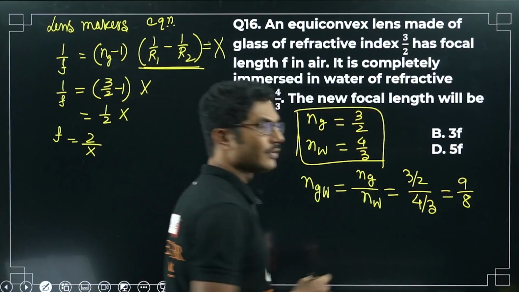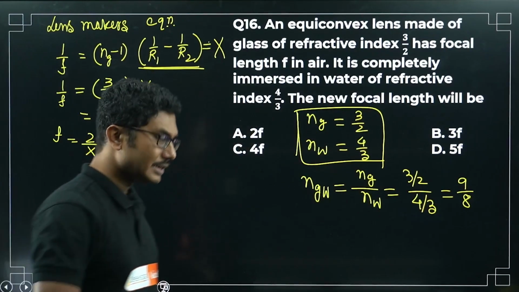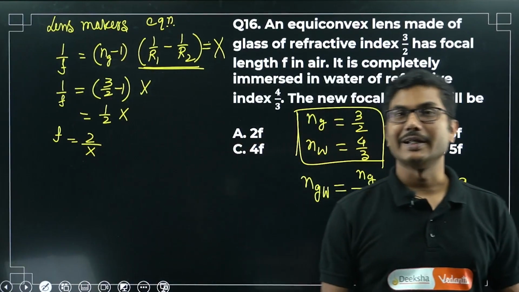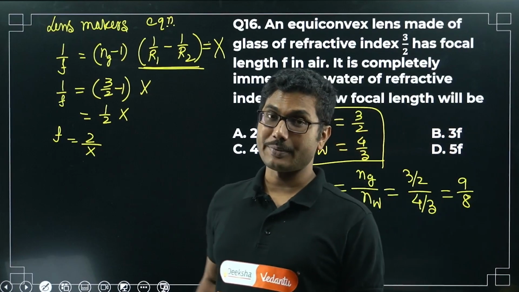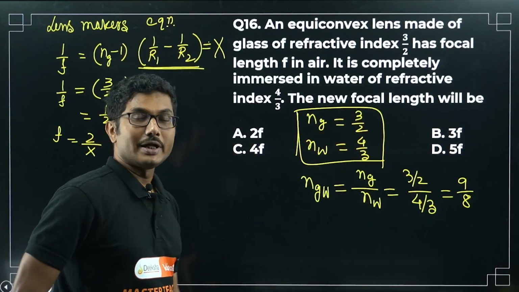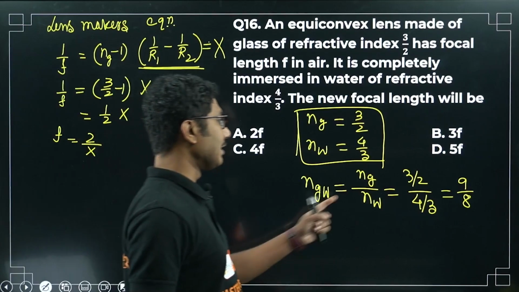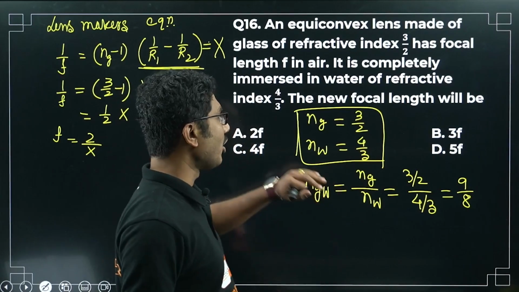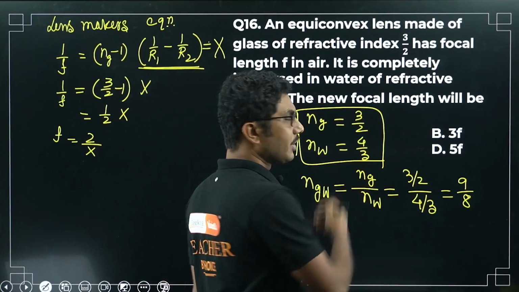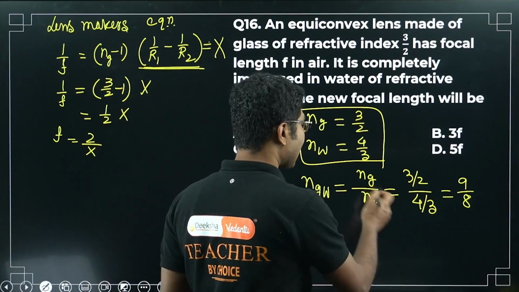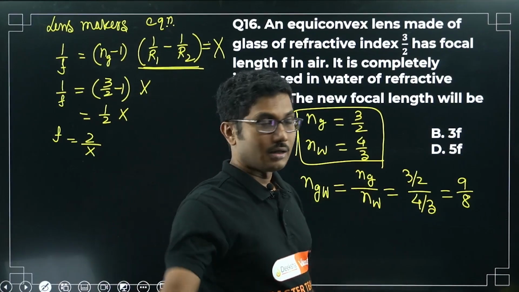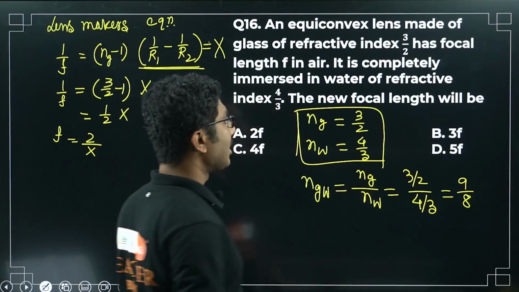This is called relative refractive index. You have learned this in your class 10th light chapter, and if you have ignored it, then you have to learn it right now. Relative refractive index is basically the ratio of the medium which we are considering divided by the surrounding medium or the environment. So this is how you can calculate.